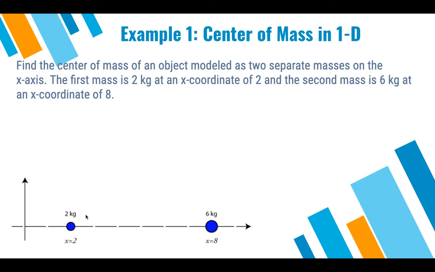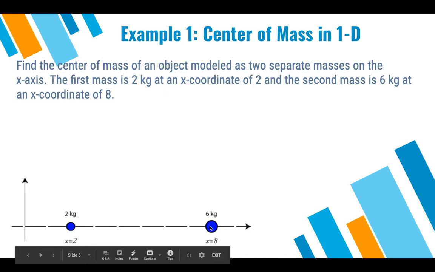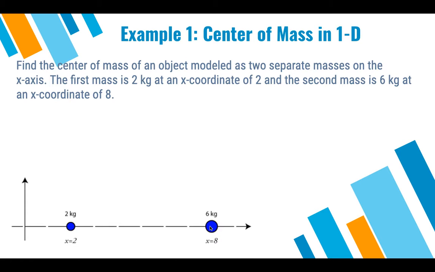So we see that both particles in the system are located on the x-axis only, meaning that there is no significant surface area for either particle. So we're given the x-coordinates of both particles, two separate masses. We want to find the center of mass.